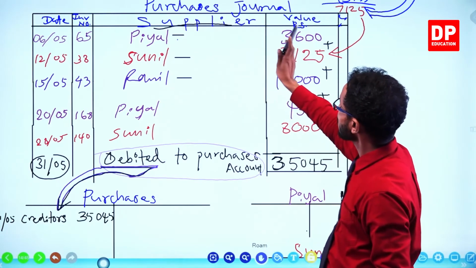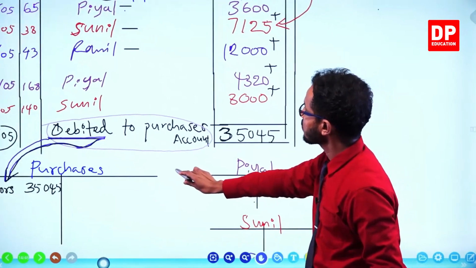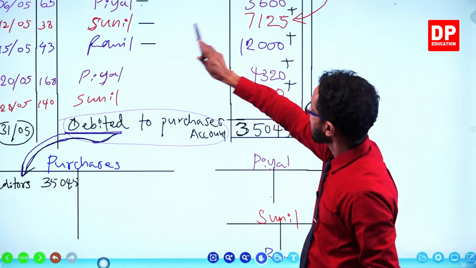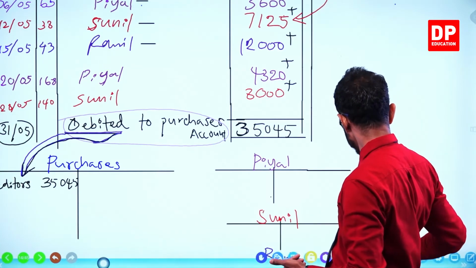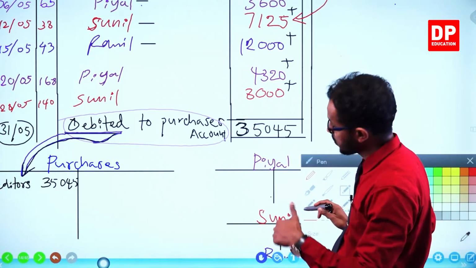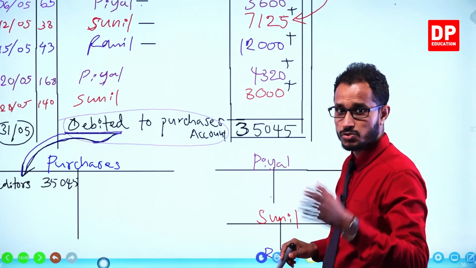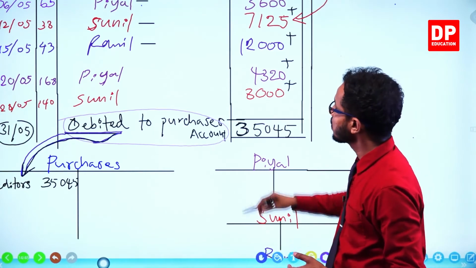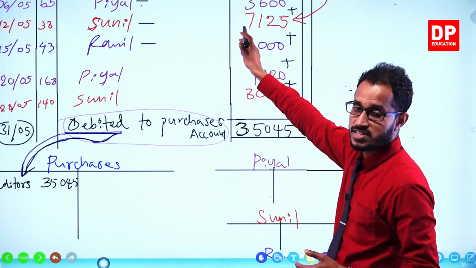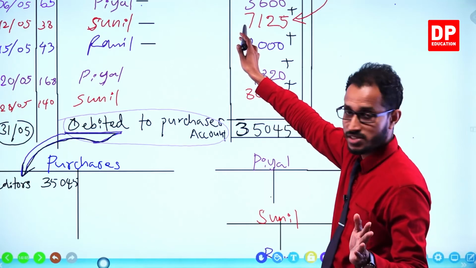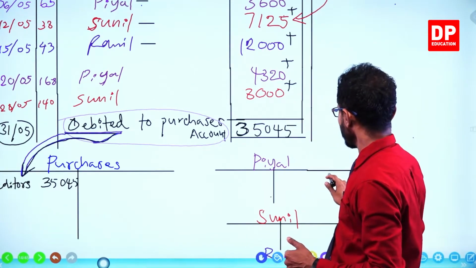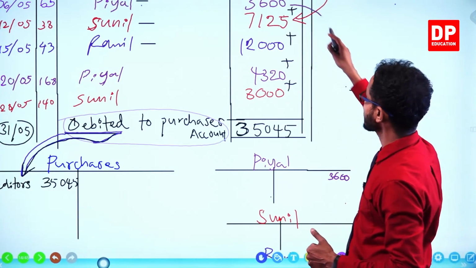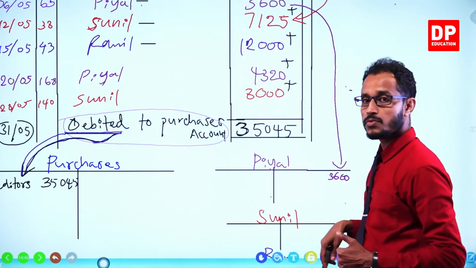In individual creditors accounts, like we have drawn here. Pial, we have 3,600. Take Pial's color. I'm just doing this with the colors to make it clear to you. You don't need to change the colors when you do your questions. Pial's 3,600 transferred to Pial's account, credit side.